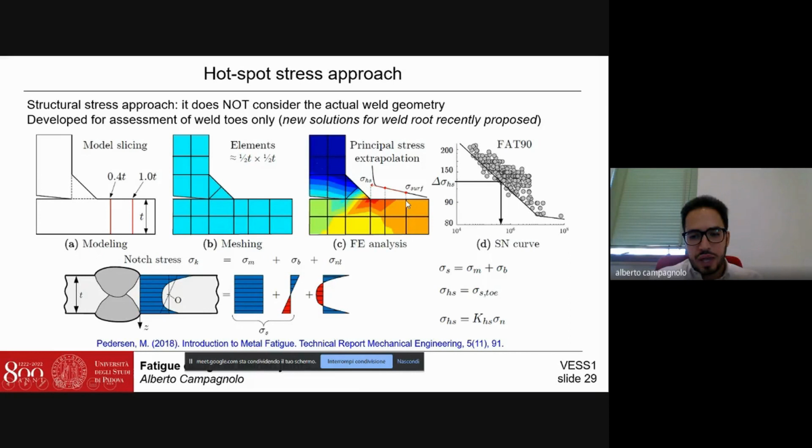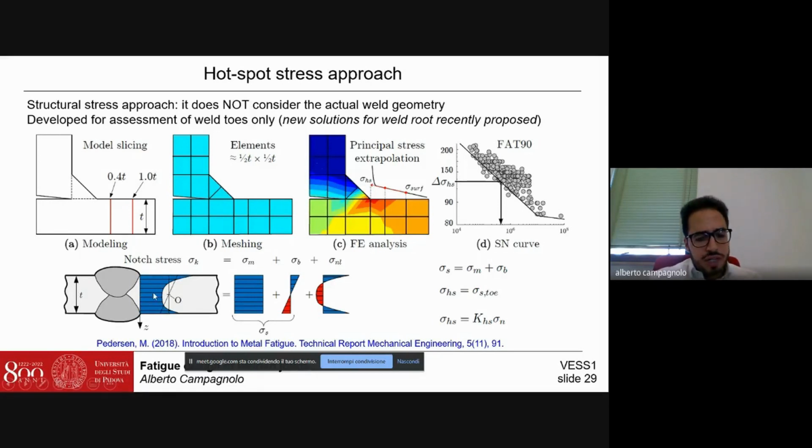So we can calculate the principal stress at the surface of the welded joint at these distances, and we can extrapolate the hotspot stress. Once having in hand the hotspot stress range, we can enter the fatigue strength curve with a class typically equal to 90, and we can estimate the fatigue life of our joint.